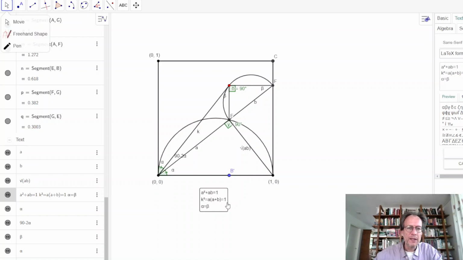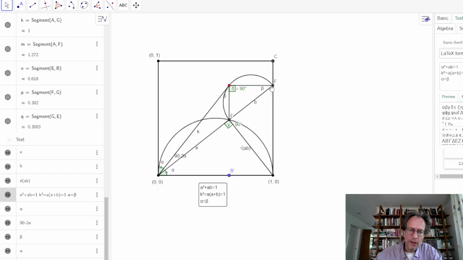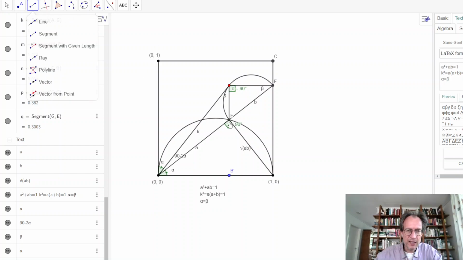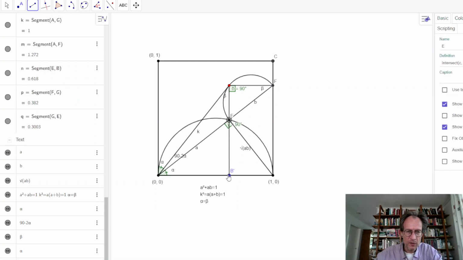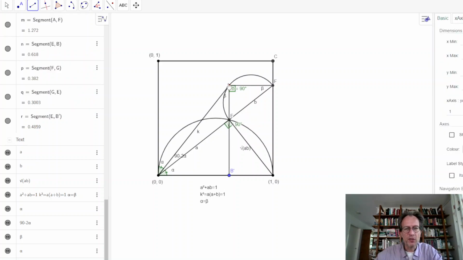But this implies that, if you see that here alpha makes an angle with this line segment, and here it is also angle alpha, this line segment is parallel to this line segment, so this is a horizontal line, and from the 90-degree angle this is a vertical line. That implies that I can extend that vertical line to here. This is a straight line.